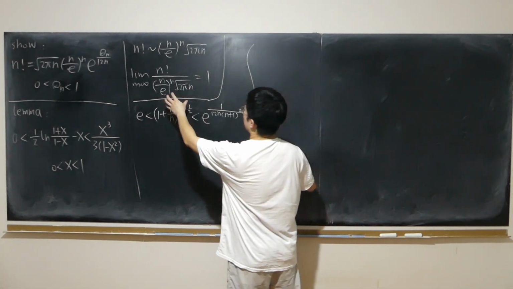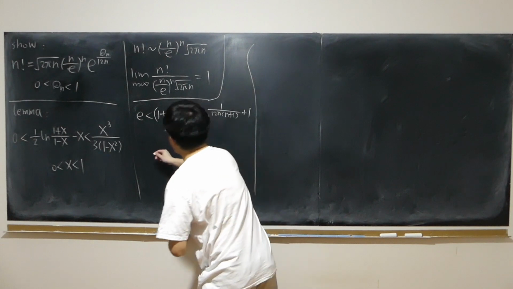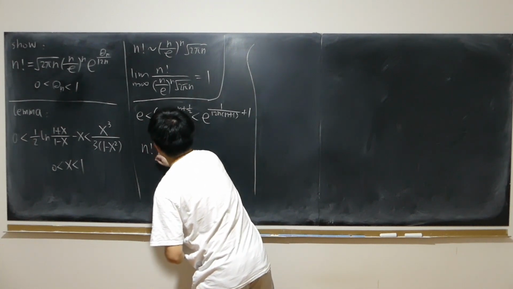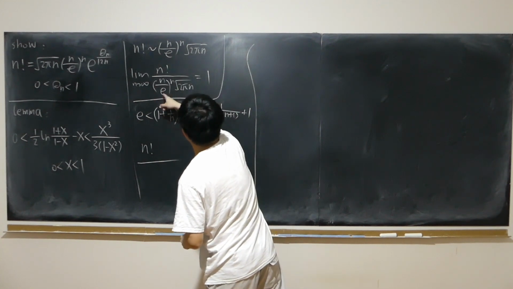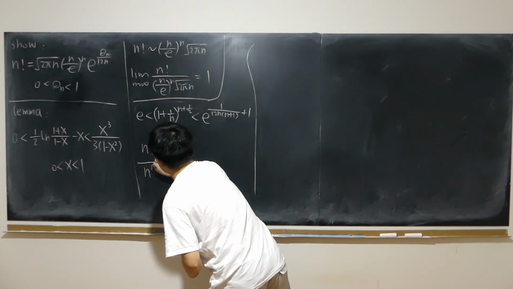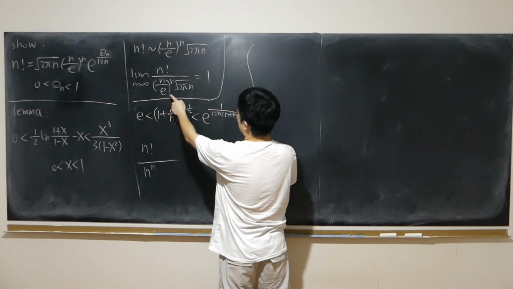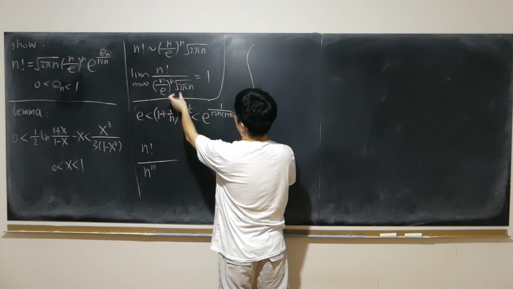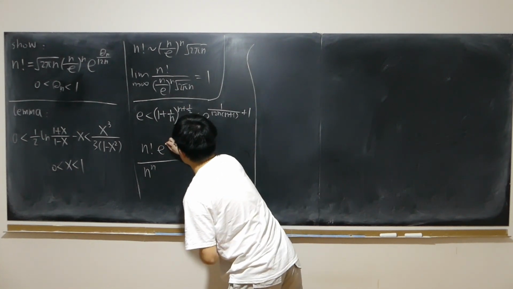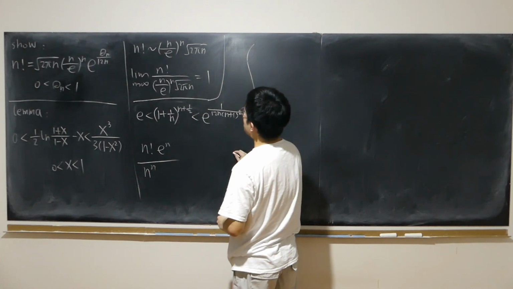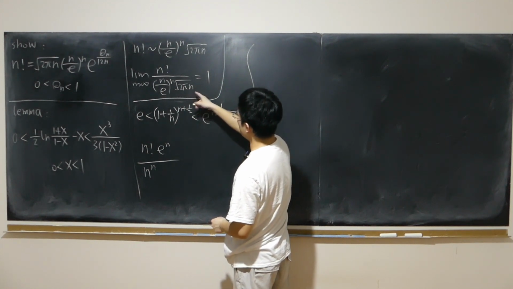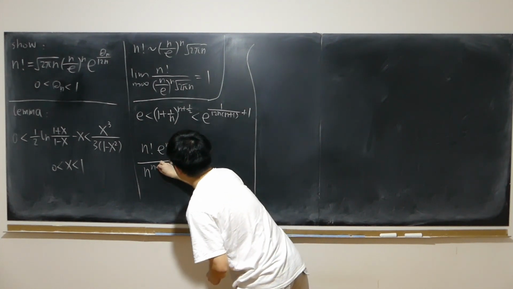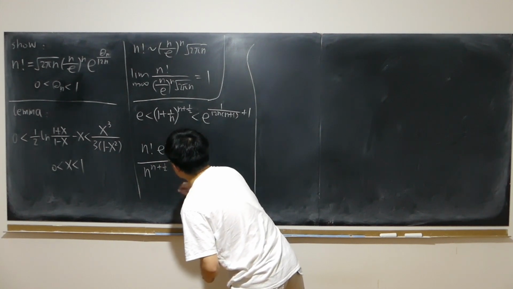So let me just rewrite this Stirling formula. So I still have n factorial. I'm going to split up this part, n to the power of n, and I have 1 over e to the power of n. I can put e to the power of n on top, flip this. Square root of n, assign the square root onto n, that means n to the power of half, plus half.